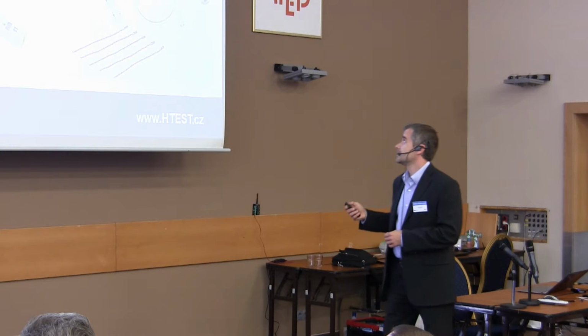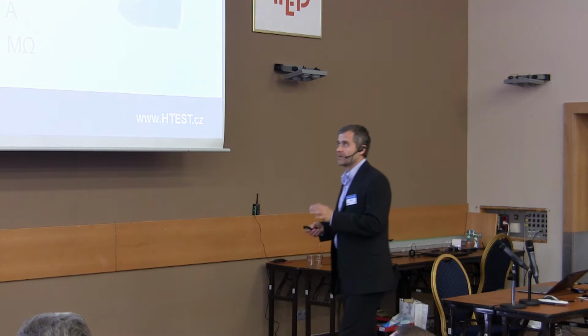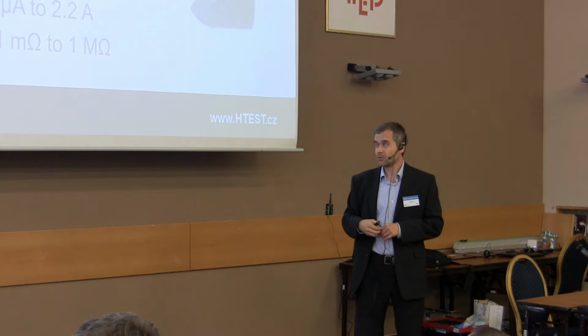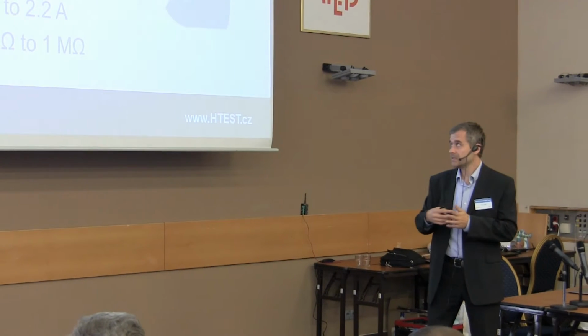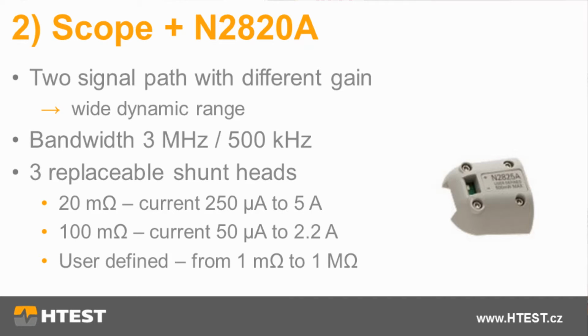On the market is a special Keysight probe, the N2820, and it has 2 channels. I will explain why. It's not based on the Hall effect. The current is measured basically on a small precise resistance shunt, and it measures voltage. The voltage is then differentially amplified to see its amplitude. There are 2 channels.